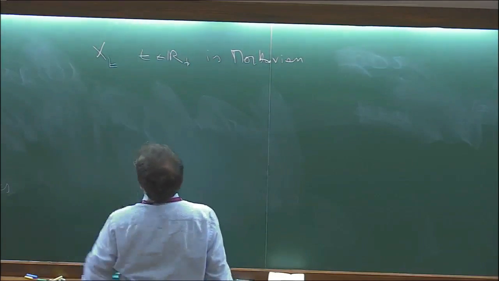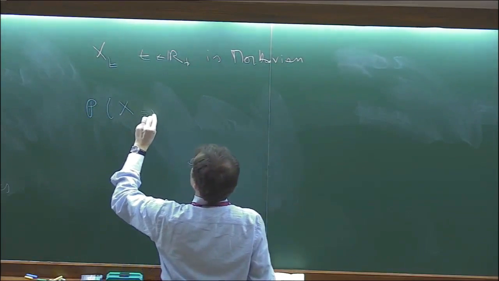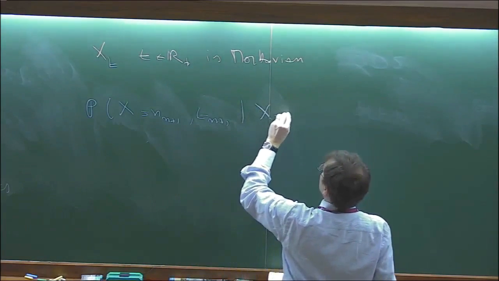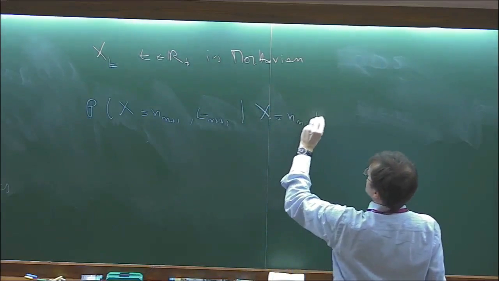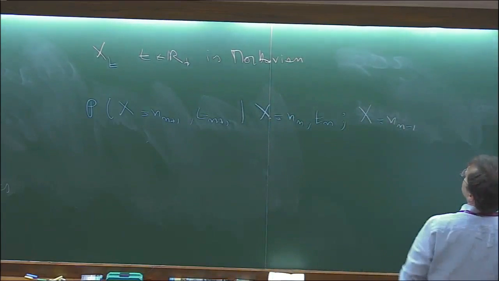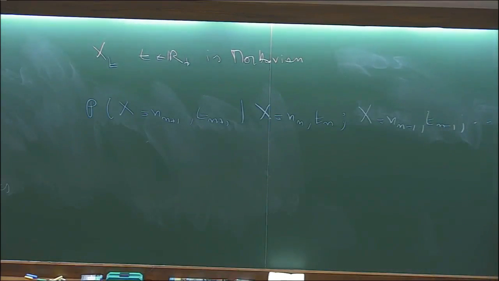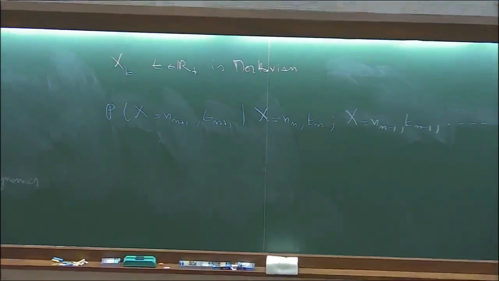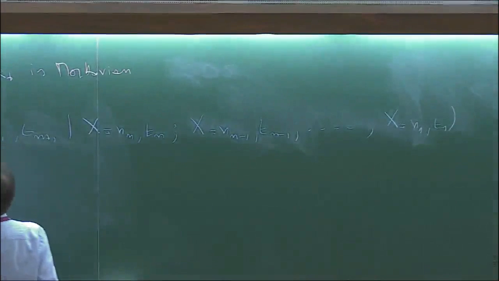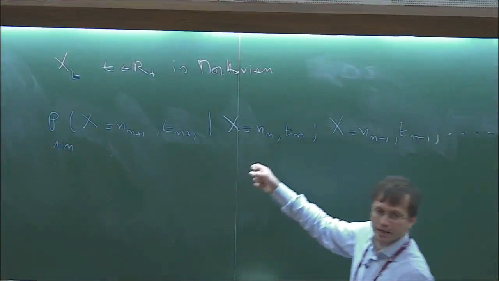And saying it in a very rough way, it means that the probability that your process takes a value, say, x_{n+1} at time t_{n+1}, given that it has taken a previous value x_n at the previous time t_n, and the previous value x_{n-1} at time t_{n-1}, down to an initial reference time, a value x_1 at time t_1, this is called a 1|n conditional probability. So the probability to take this value given n previous values.